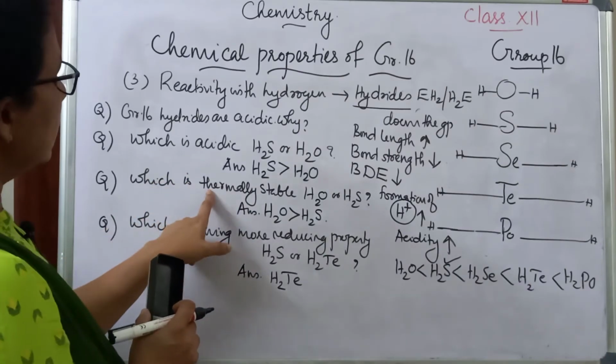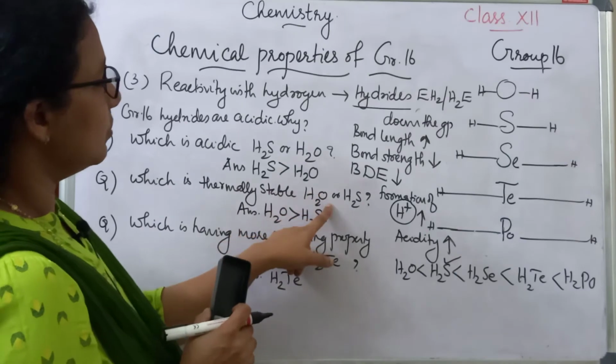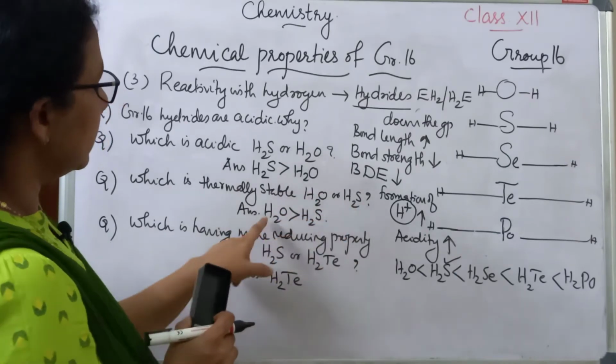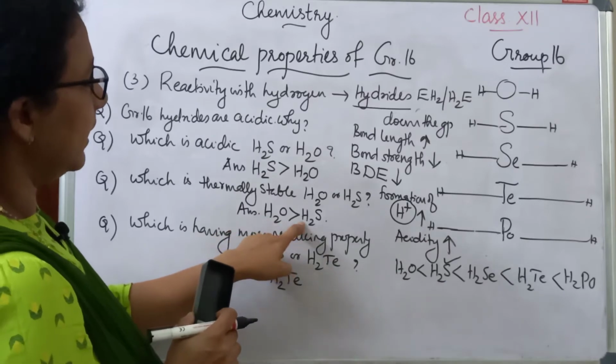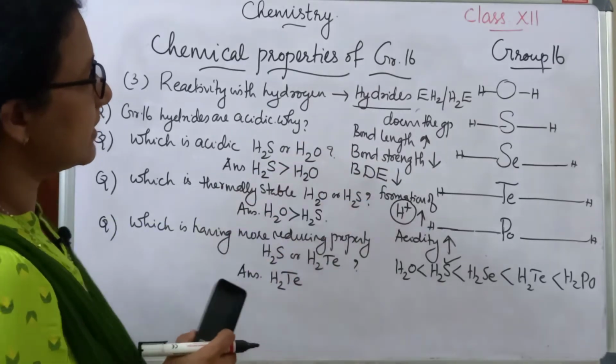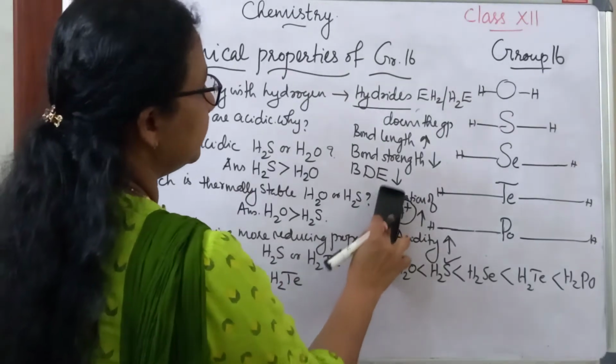Then the next one is thermal stability. Which is thermally more stable, H2O or H2S? The answer is that H2O is thermally more stable than H2S. With the same reasons, we can easily answer this question.